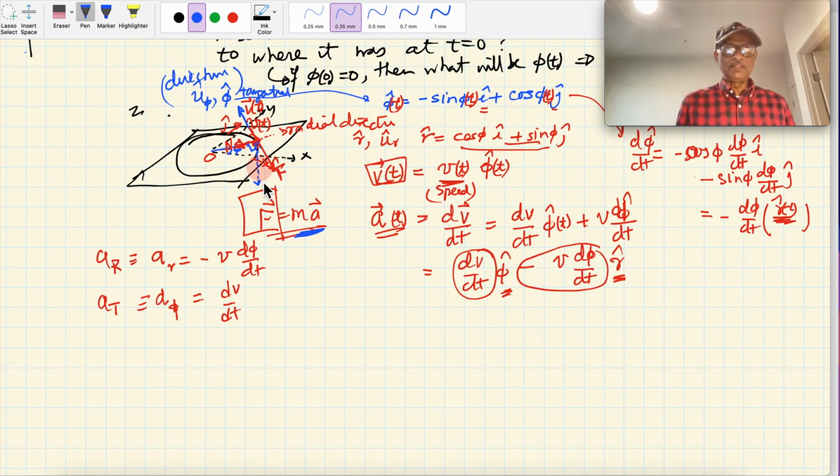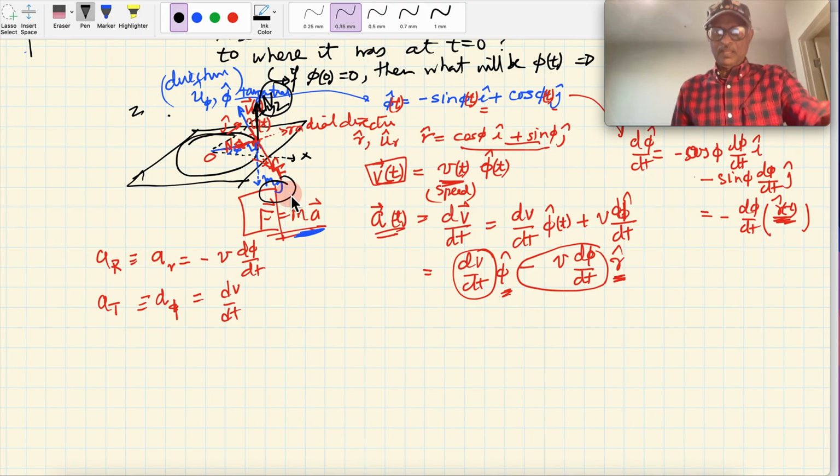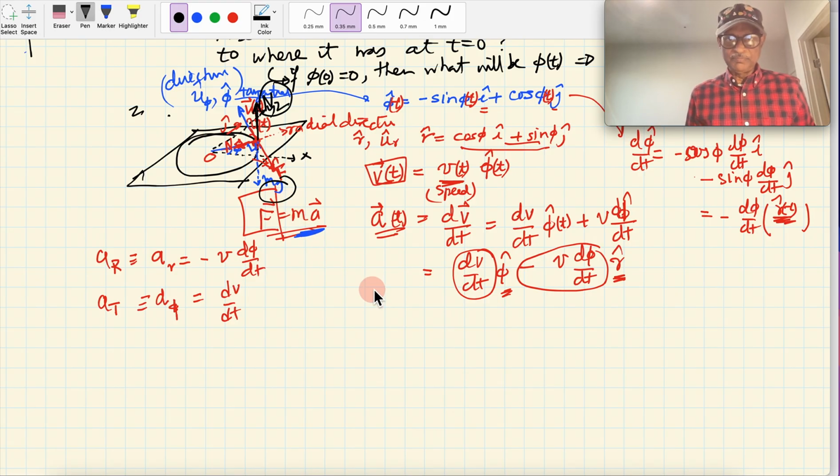So gravity is down, and so this is mg, and there's another normal from the table upward, let's call it n2. So this n2 and this mg cancel out, and we are left with this.